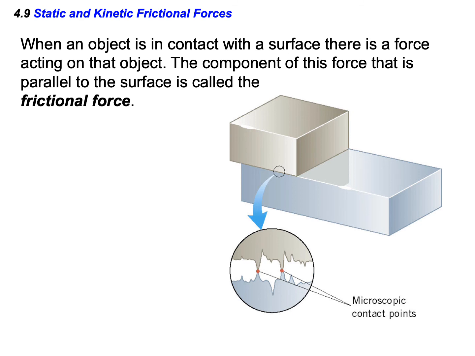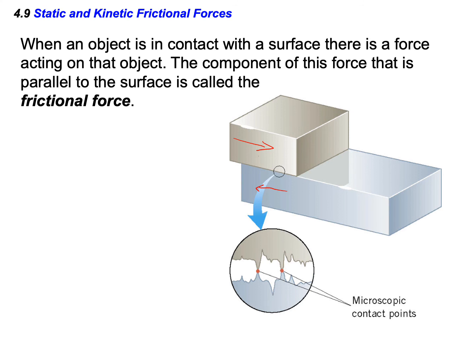When you have two objects touching each other and you want to move one surface, you apply a force onto one surface, and the second object applies a force opposite to that direction, so it always tries to oppose the motion of the first object.